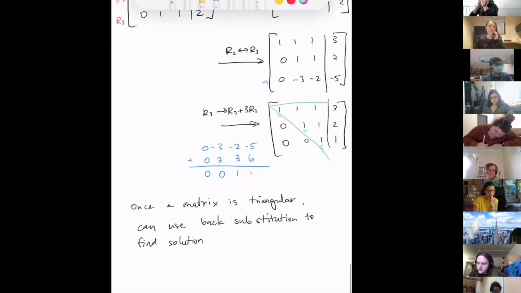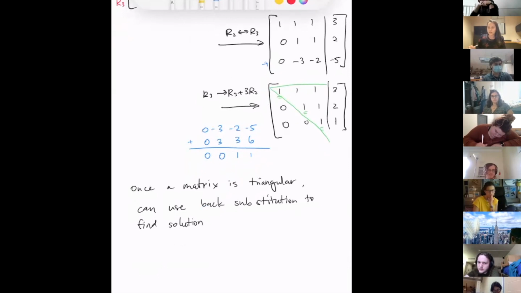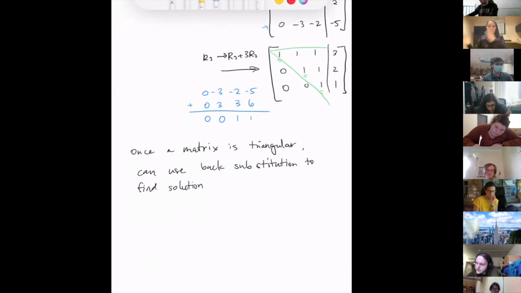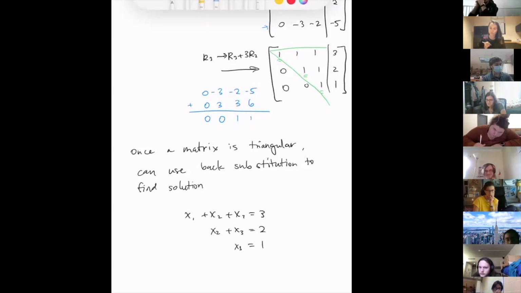Right? Okay, so the reason being that if we look at this matrix, we know that it represents a system of equations. We wrote our system as a matrix, and now we're going to write our matrix as a system, right? So this would give us x1 plus x2 plus x3 equals 3, and then x2 plus x3 equals 2, and then finally x3 equals 1.